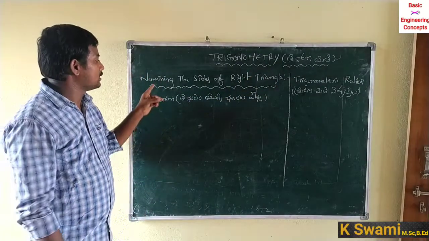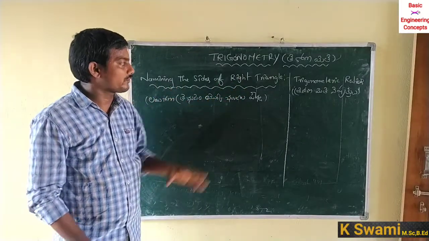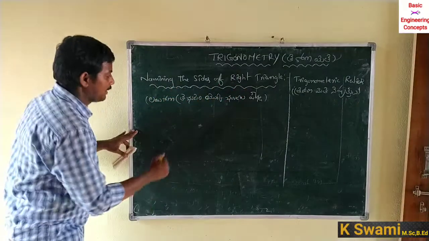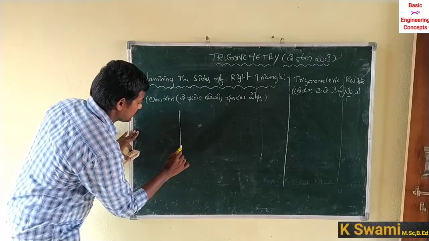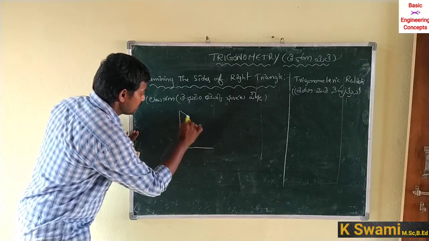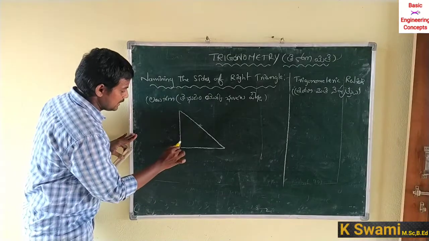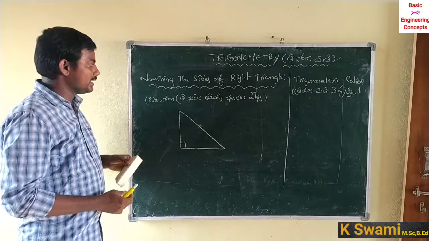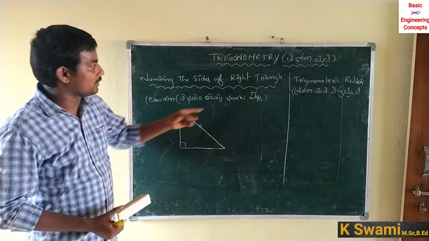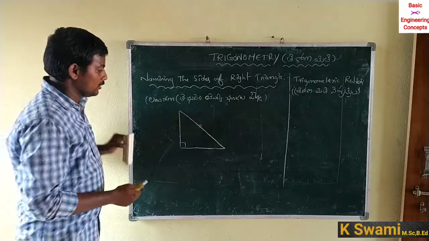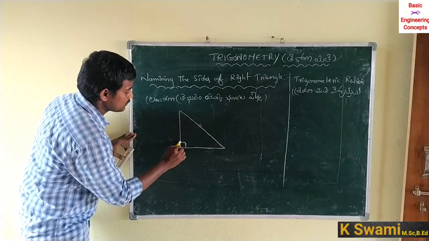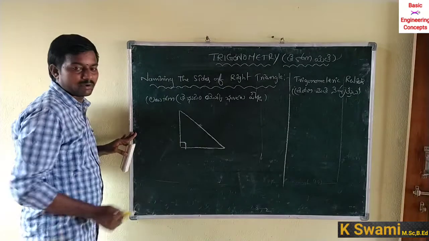Okay, the naming of the sides of a right triangle. One angle equal to 90 degrees is called a right triangle, and the angle of 90 degrees is called a right angle.